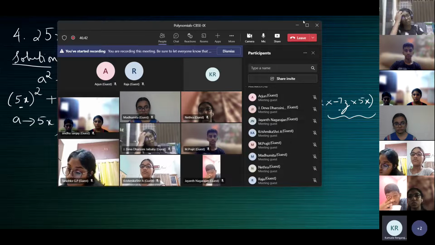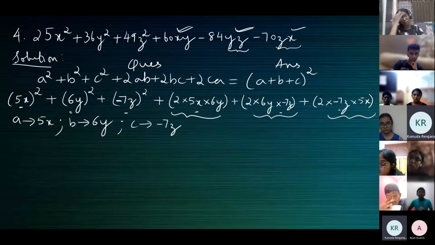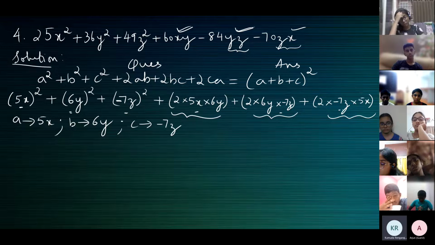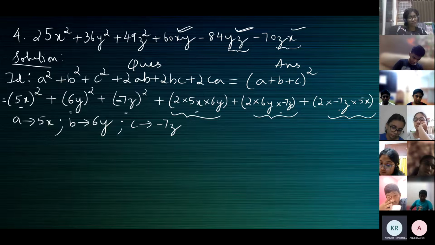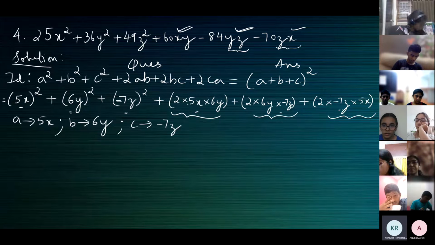Now here, the given expression looks like a square plus b square plus c square plus 2ab plus 2bc plus 2ca. The question looks like that. So the answer is a plus b plus c the whole square. So how do we factorize? This is the right identity, and we have just written the given expression in the form to suit the identity.